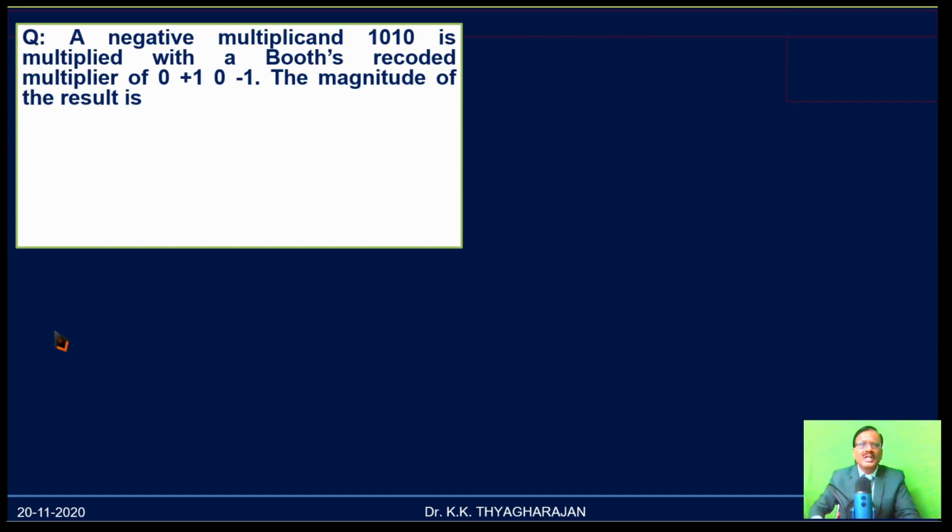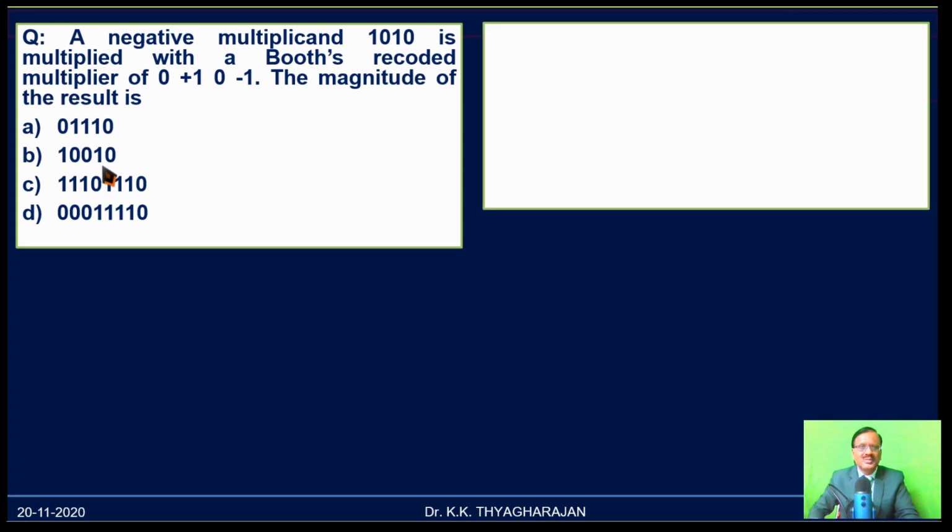A negative multiplicand 1010 is multiplied with the Booth's recoded multiplier of 0 plus 1 0 minus 1. The magnitude of the result is 0 1 1 1 0, 1 0 0 1 0, 1 1 1 0, 1 1 1 0 0 0 0, 1 1 1 1 0.